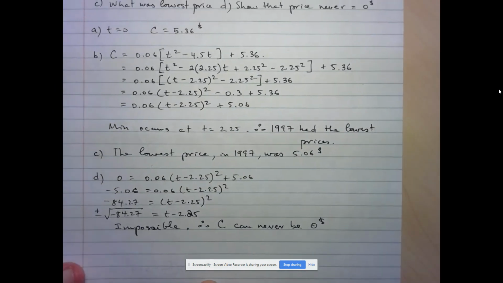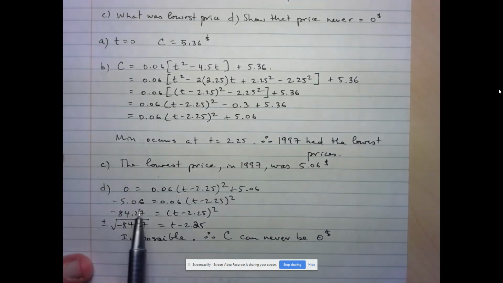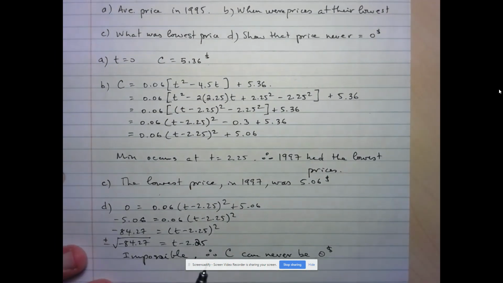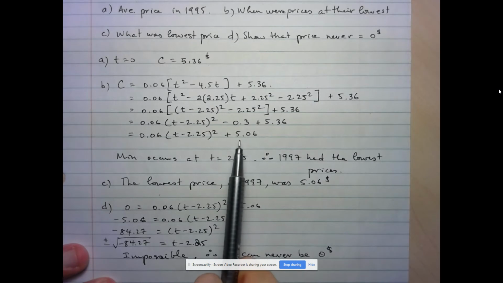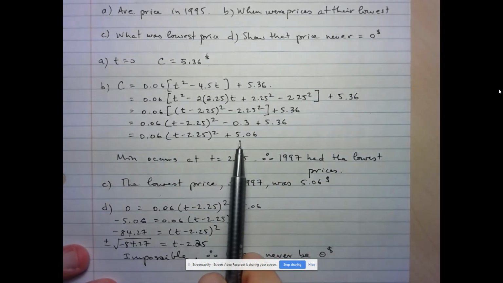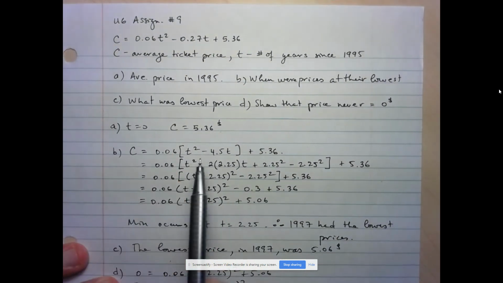Now, just as a little aside here, we actually could have answered this question without doing the algebra. I wanted to show you the algebra because sometimes it needs to be done when there are x-intercepts to be found. But you could have also made an argument to say that the minimum value was 5.06, which is a positive number, and this parabola opens upwards.